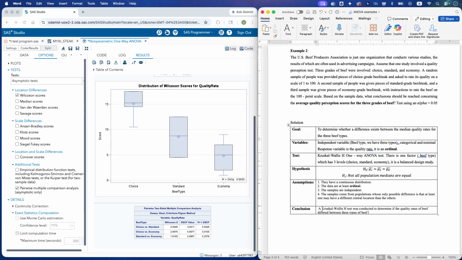We have the choice. How many pieces we have? We have six. We have the standard. We have also six. Finally, we have the economy. We have n equals 6, right?